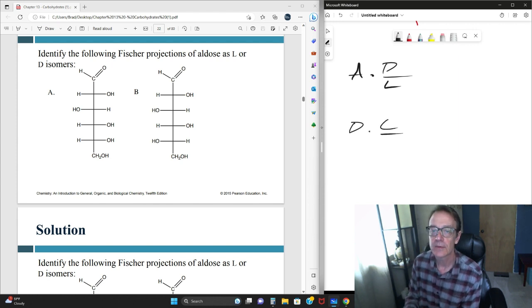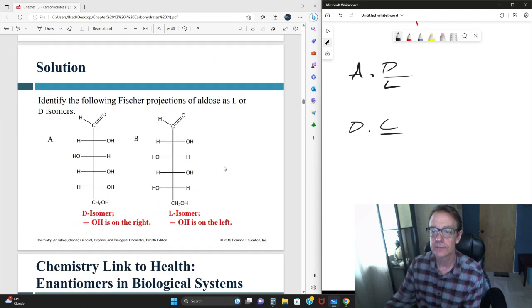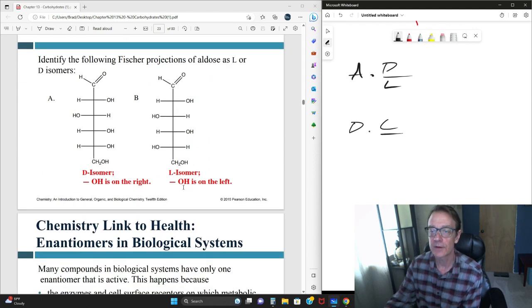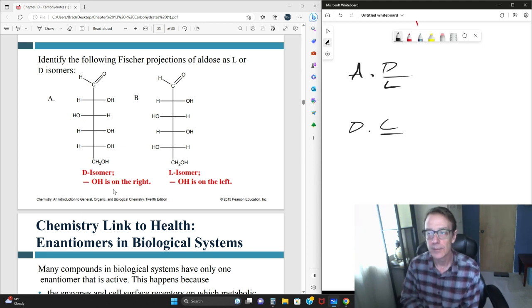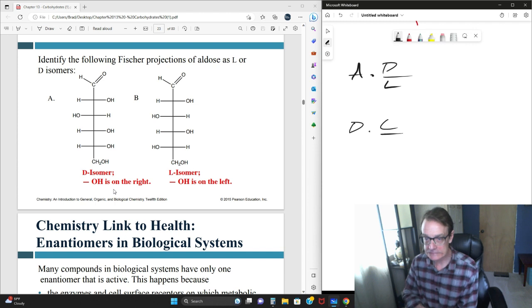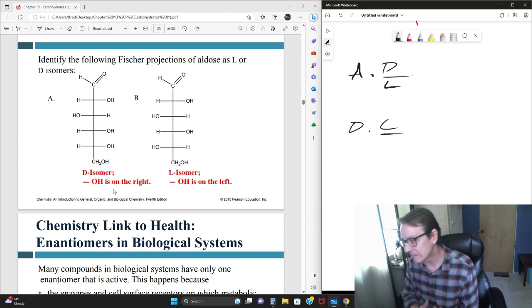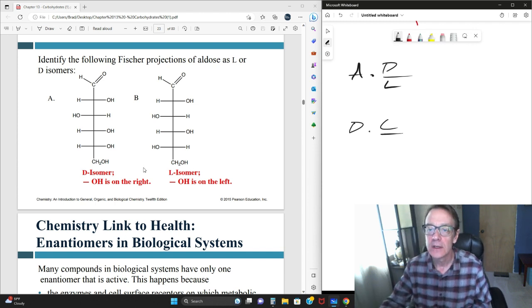Okay, D on the right, L on the left. So the hydroxyl is on the left in the second case, and on the right in the first case. Hopefully, fairly straightforward. I'm hoping.